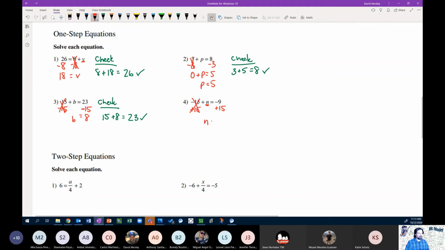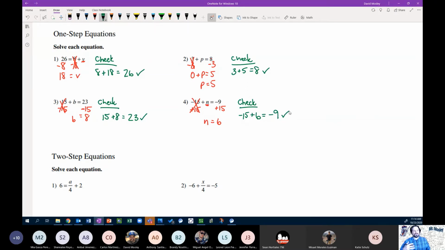N equals negative 9 plus 15, 6. And again, we check our work. We have negative 15 plus 6, because 6 is now the value of n. That equals negative 9.